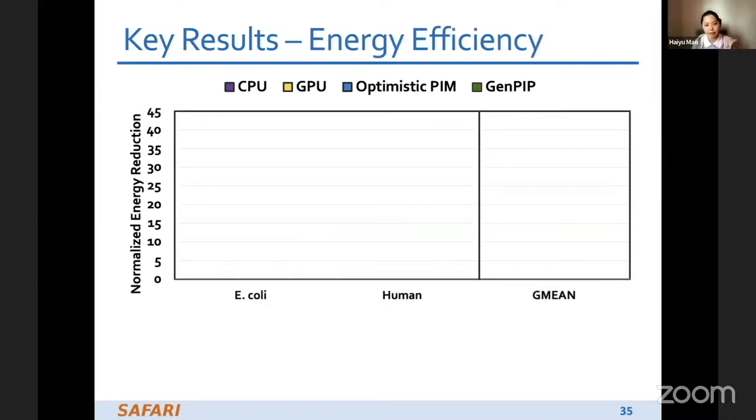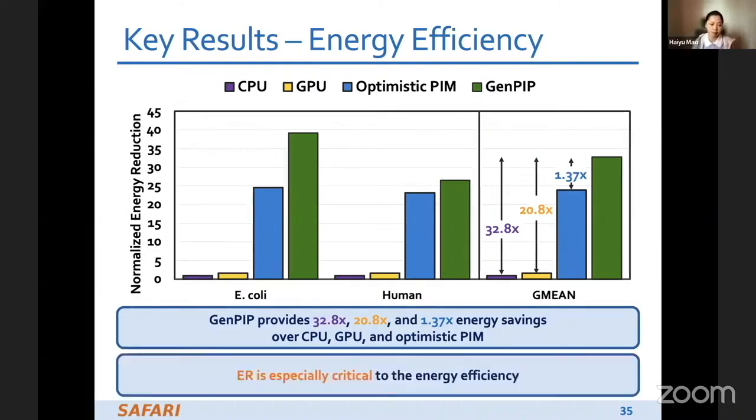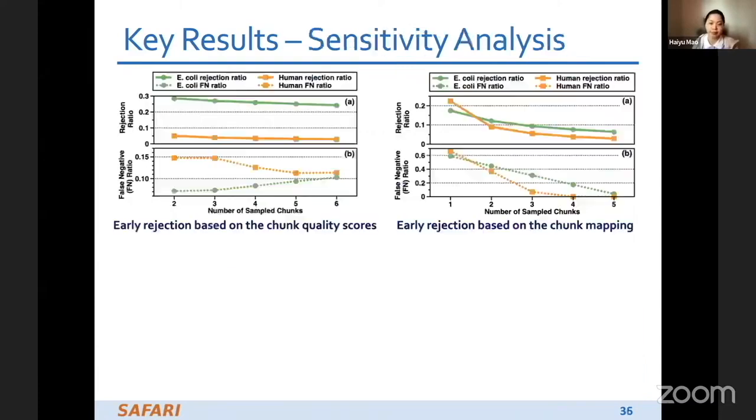And for the energy efficiency, GenPIP provides 22.8 times energy saving compared to CPU, 20.8 times energy saving compared to GPU, and 1.37 times energy saving compared with the optimistic PIM. More results show that ER is especially critical to the energy efficiency.